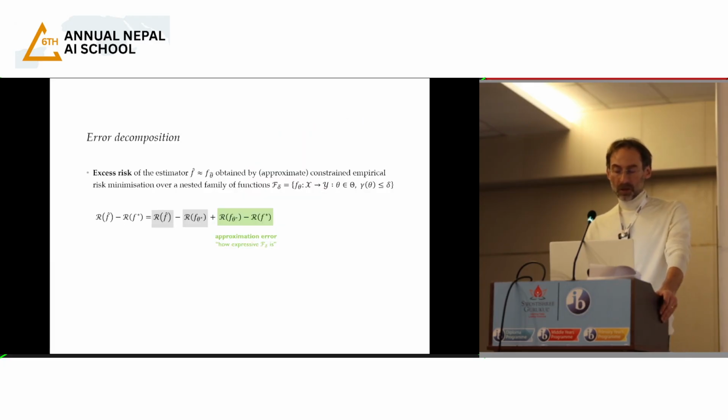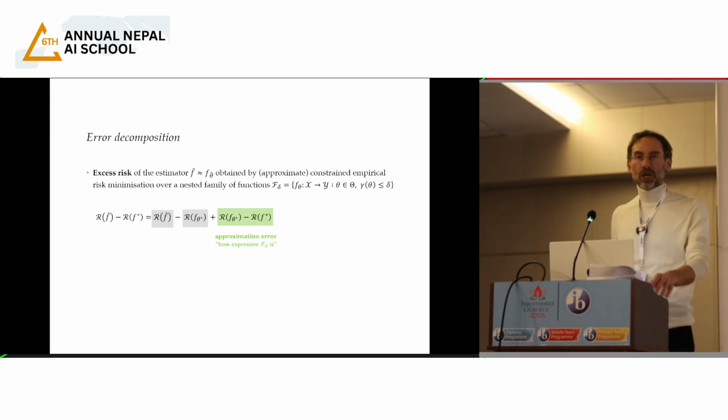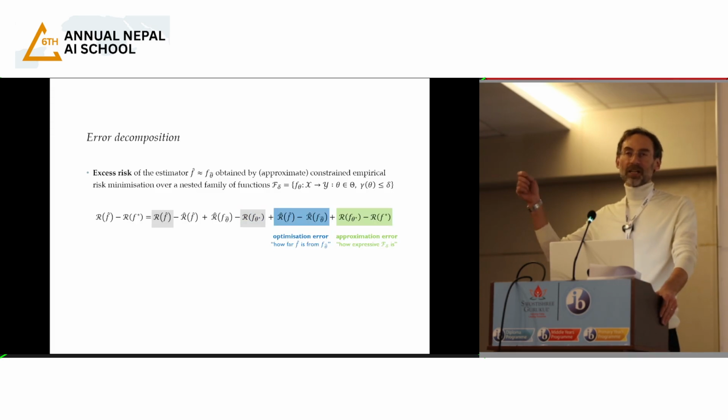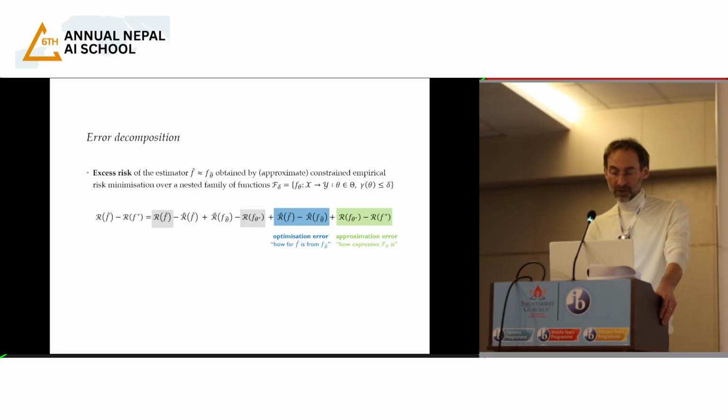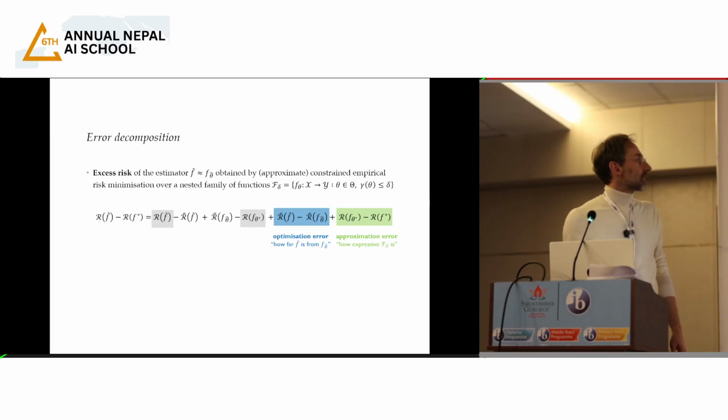Let's now look at these two gray terms, and again, let me add and subtract two things, and they do not change anything. I can always add and subtract the same thing in an equation. So here I wrote R hat. This is the optimization error. I'm looking at R hat of f hat minus R hat of f theta hat.